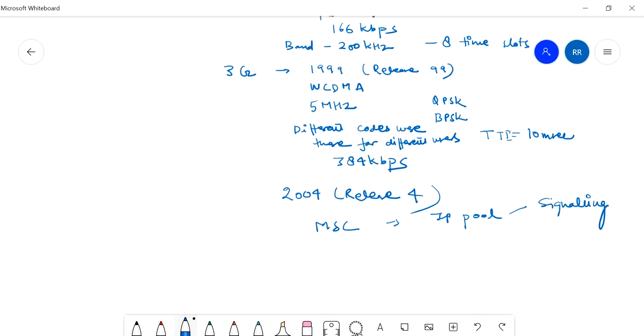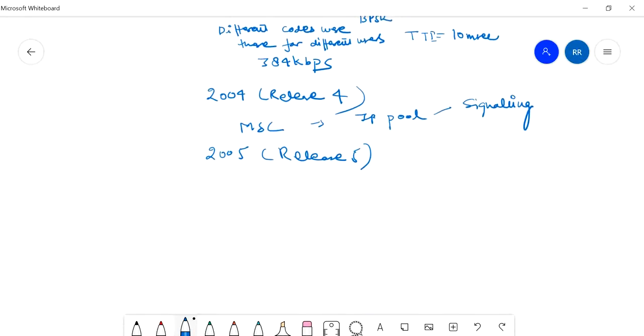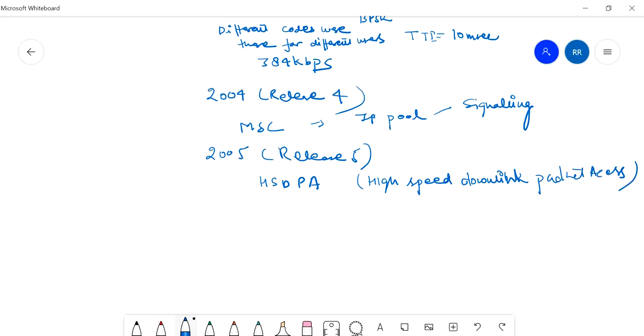Right? After that in 3G only, in 2005, that we call release 5. In release 5, HSDPA came, that is high speed downlink packet access, right?